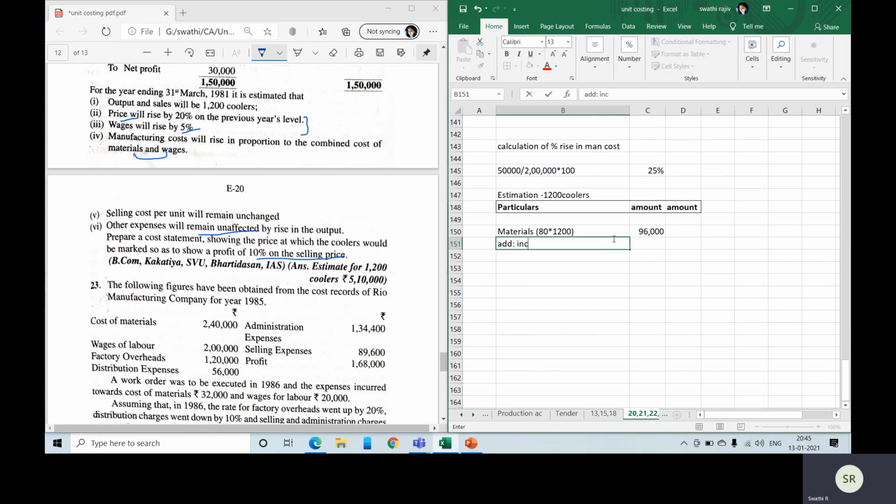We'll add increase of 20%. So that is going to be 96,000 into 20 divided by 100. It is 1,15,200. Now we have, so this is nothing but direct material consumed.